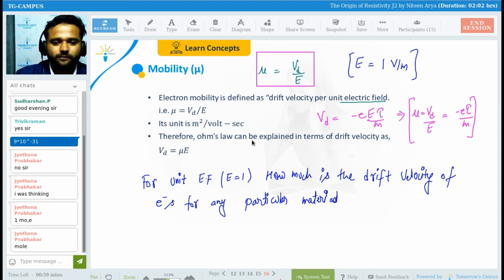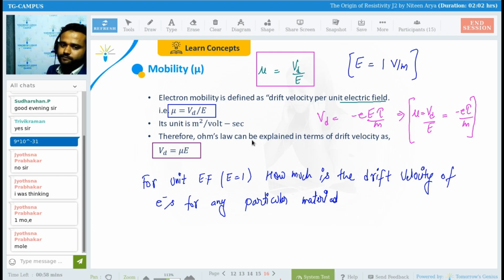Is this clear, everyone? Mu, which is electron mobility, is defined as drift velocity per unit electric field. Its unit is meter square per volt second. Therefore, Ohm's law can be explained in terms of drift velocity as Vd equals mu E. This is another form of Ohm's law.